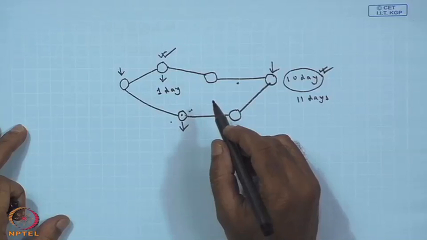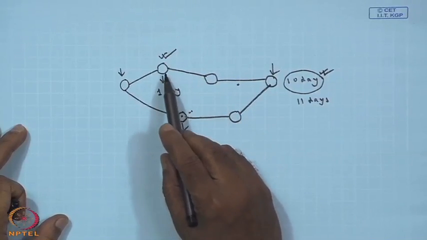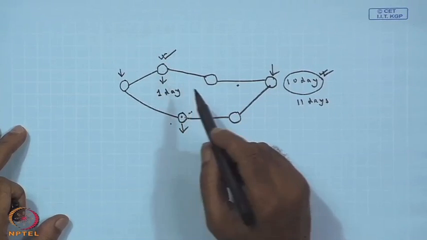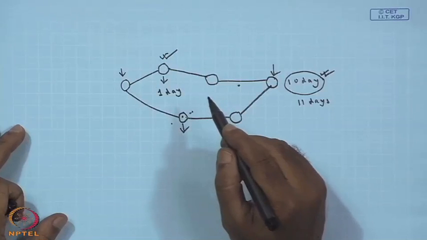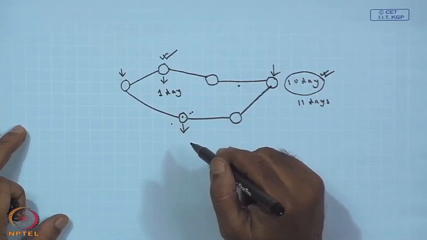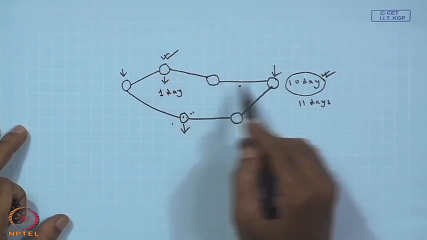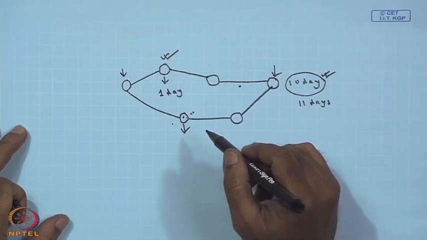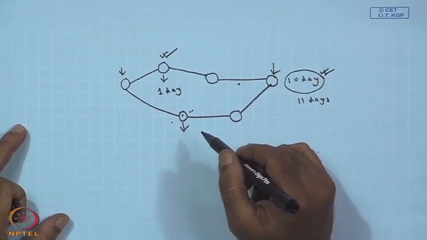So, basically we have to watch closely that we start the critical activities at the exact time, otherwise you cannot complete the project in the scheduled duration. So, you have to note this, that at first I have to find out by some mechanism which activities are the critical activities and which are non-critical activities.